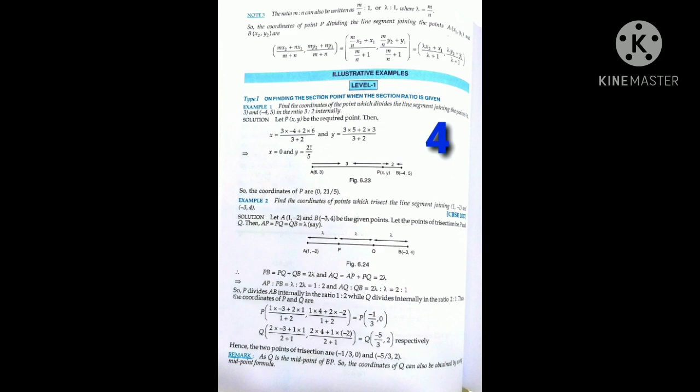Because if you take m is to n, then you might need two conditions to solve for two variables. But if you take k is to 1, you will be able to solve the question with just one condition. We will see this in the problems when we solve the questions.